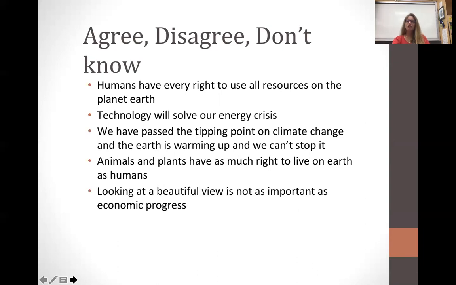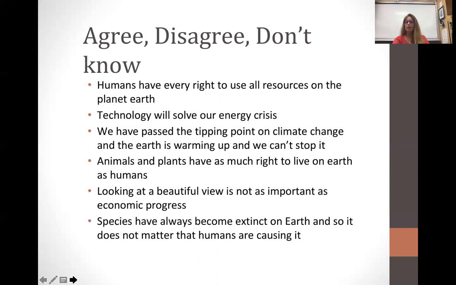Looking at a beautiful view is not as important as economic progress. Economic progress. How much money can I put in my pocket? Species have always become extinct on Earth, and so it does not matter that humans are causing it. Historically, we've had extinction, and so it doesn't matter that humans are causing extinction right now.